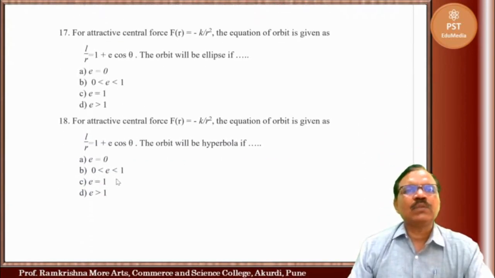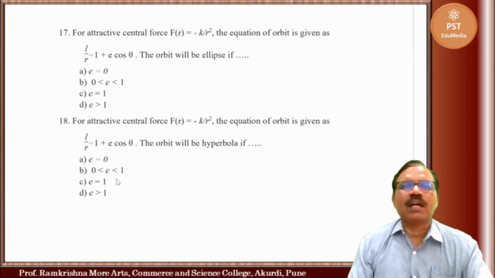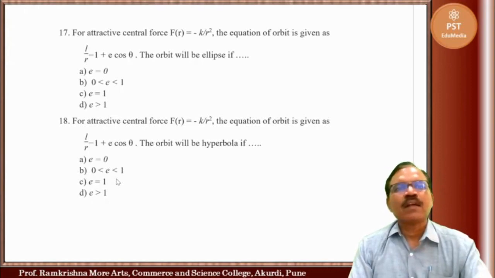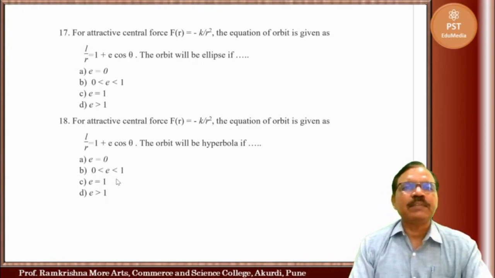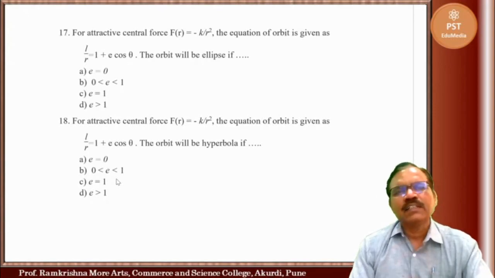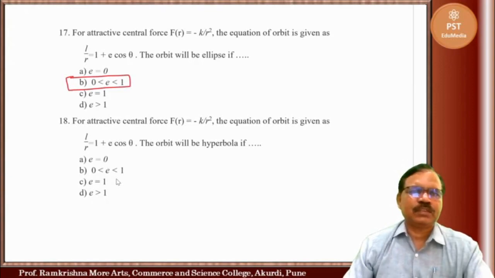For attractive central force, F of r is equal to minus k upon r square, the equation of orbit is given as l by r is equal to 1 plus e cos theta. The orbit will be an ellipse if e is less than 1 but greater than 0. So for this case the orbit is an ellipse.